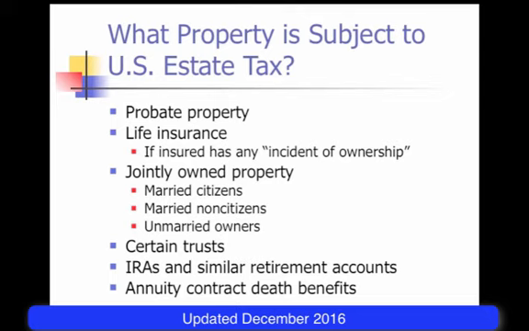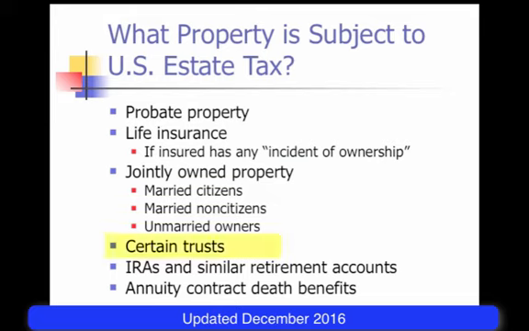So you can see here the probate property is included. Life insurance, if you have an incident of ownership, is included. Your jointly owned property is included. Now, for married citizens, half the jointly owned property is included. For married non-citizens and unmarried joint owners, a different rule applies, which we'll try to get to a little later.